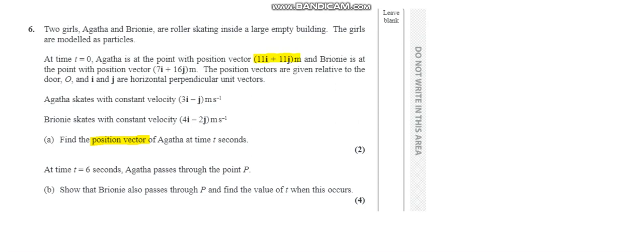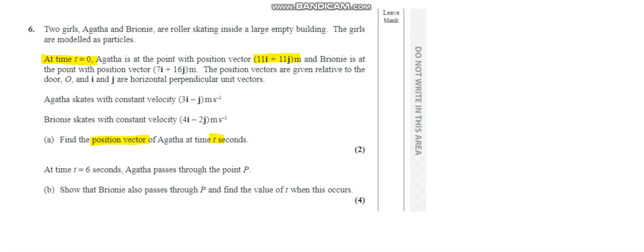But that is at time t equal to 0, the initial point, so that won't be the position vector at time t. They say find the position vector of Agatha at time t seconds, so there's some time there, and we have to figure out the position vector.